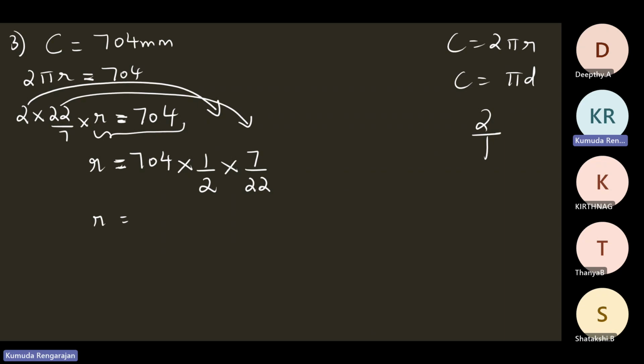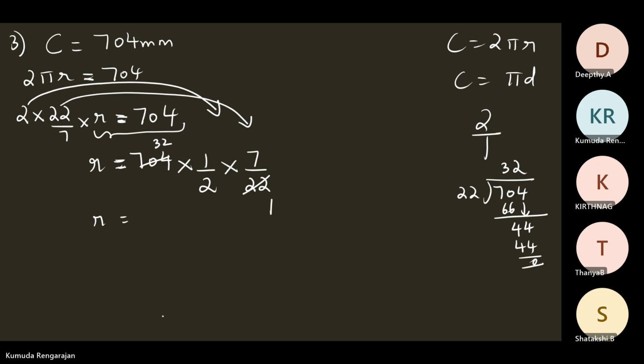You can divide actually 22 by 704. See here, you can divide 22 by 704. What will you get? 22 3s are 66. 4 is a remainder and 4 comes down. 22 2s are 44. 0. So you can see that it is 32 times. Understood, children?